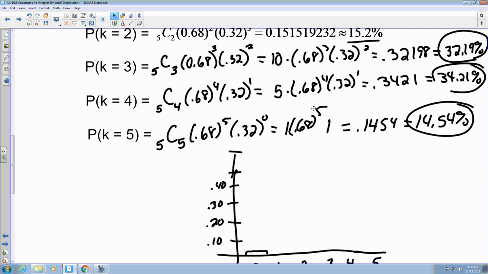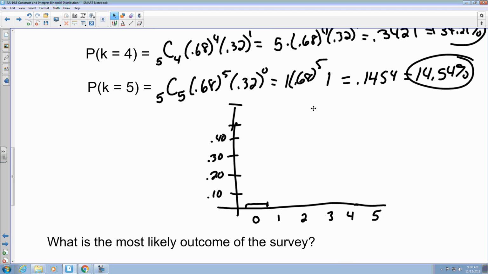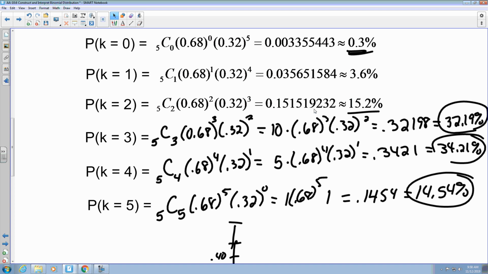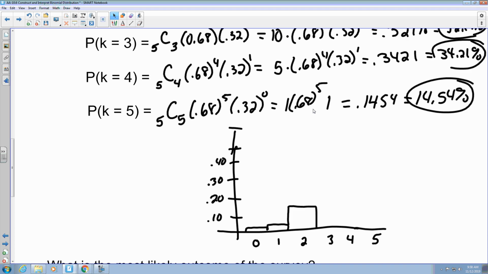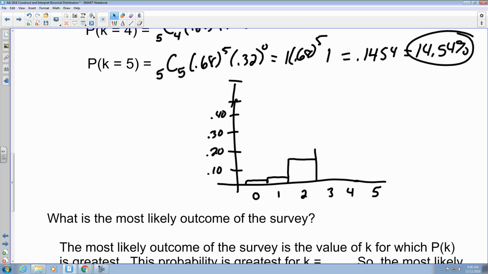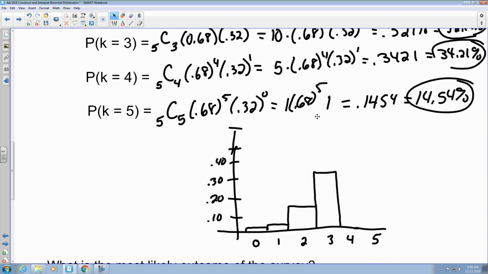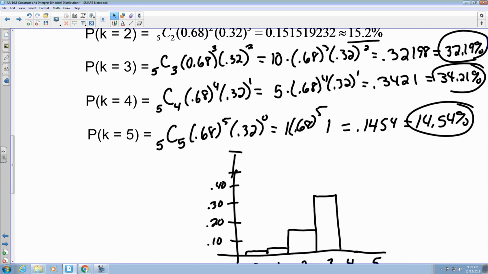When it was 1, it was 3.6, so it's even smaller than that. And then 2, 15, so somewhere right around here. We got 3, which was 32, so slightly above. And then with 4, it was 34, so it was even a little bit more.